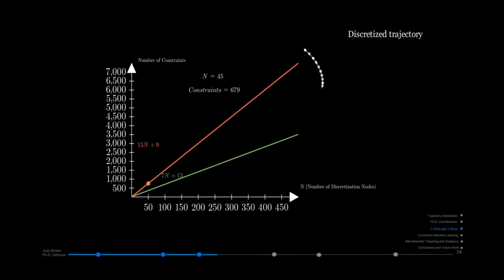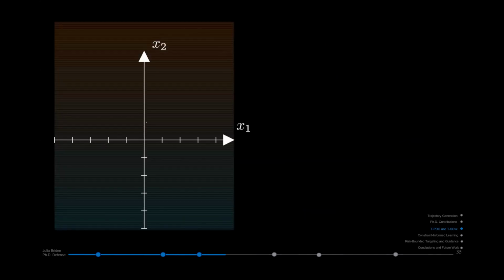So we see over 100 discretization nodes, we're already at over 1,000 constraints. And the green line shows if we only had the equality constraints, what is the lower bound of what we could achieve if we were able to minimize the number of inequality constraints that we don't need. So what do I mean by that?